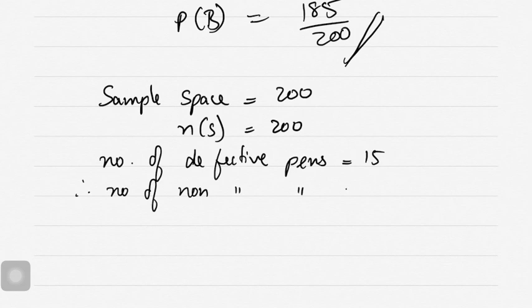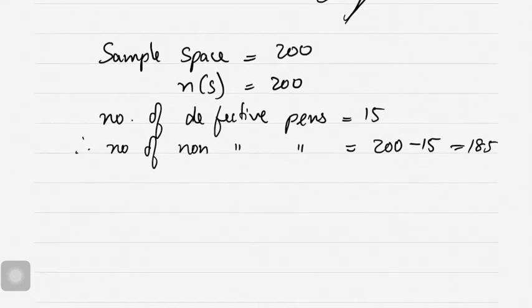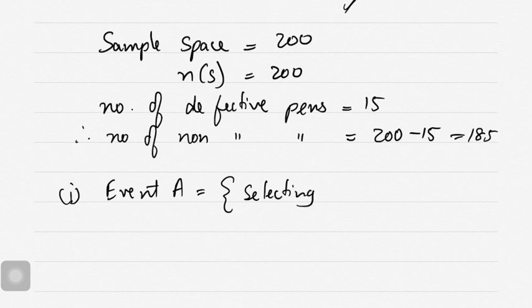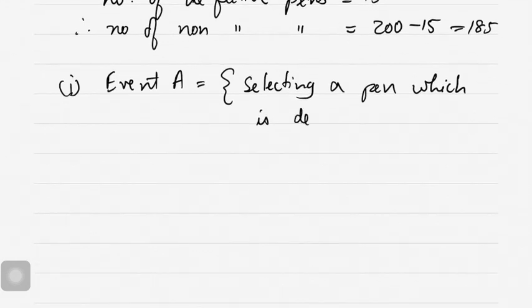Therefore, number of non-defective pens is 200 minus 15, which is 185. Okay, so event A, this is my first part, selecting a pen which is defective.